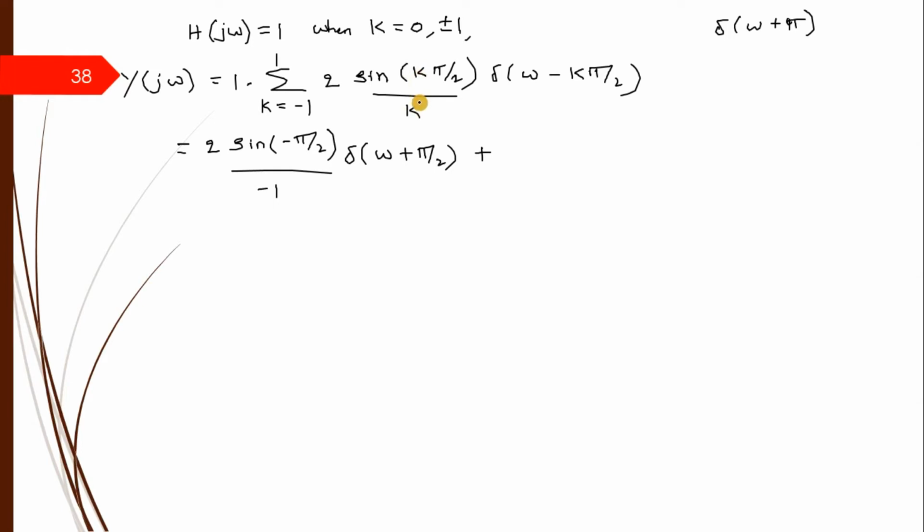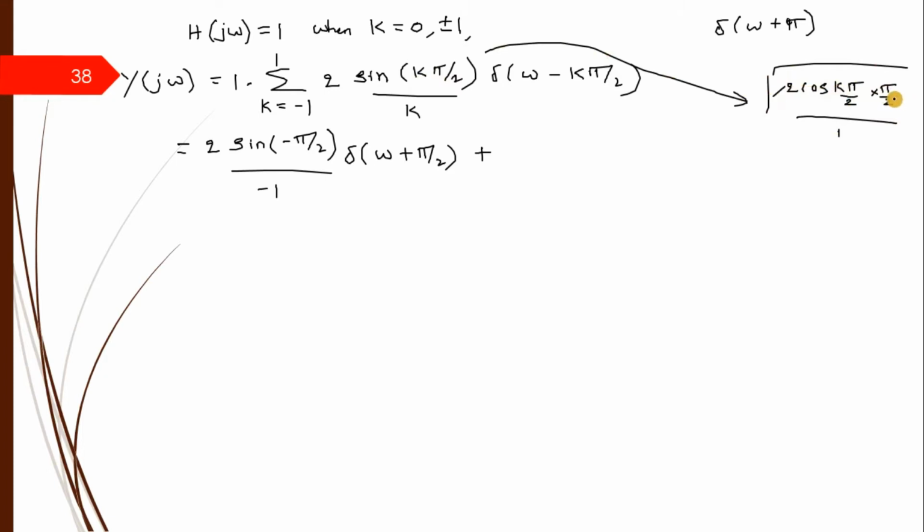So 0 by 0 form arises, hence you cannot perform it directly. You have to apply L'Hospital's rule. I don't go into detail because you have already understood it. So differentiate the numerator and denominator. If you differentiate the numerator, what do you get? I'll write it here as rough work. You will get 2 cos of k pi by 2 into pi by 2, because it is with respect to k, so the derivative of the denominator is 1.